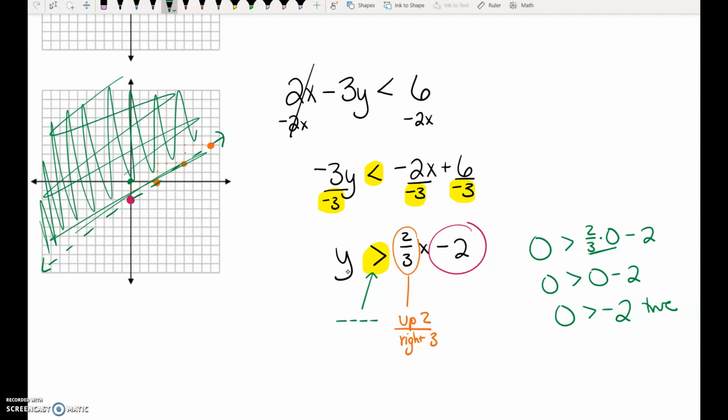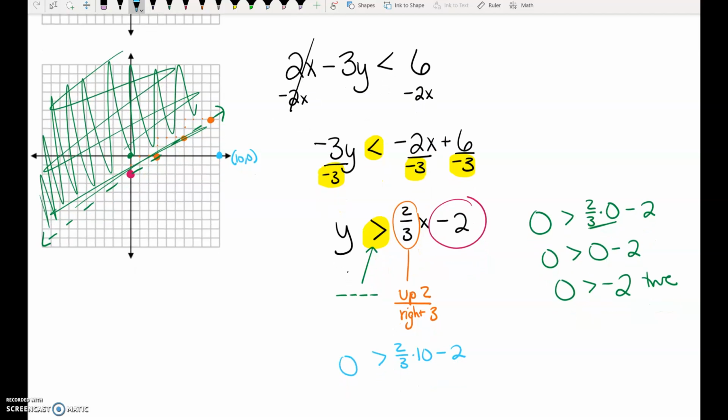Here's what it looks like if you plug in a point that doesn't work. I'm going to try plugging in this point over here. This is the point 10, 0. So put 0 in place of y, 10 in place of x. I have to use my calculator for that. 2/3 times 10 minus 2.